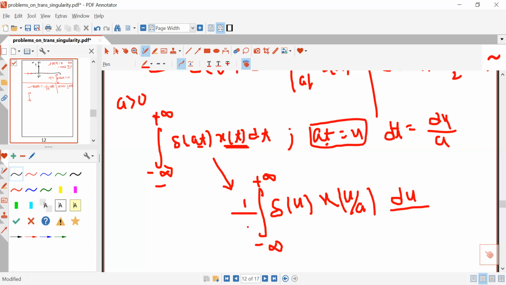Since a is constant, you can keep this 1 by a outside the integral. So now the integration in terms of u can be written like this.